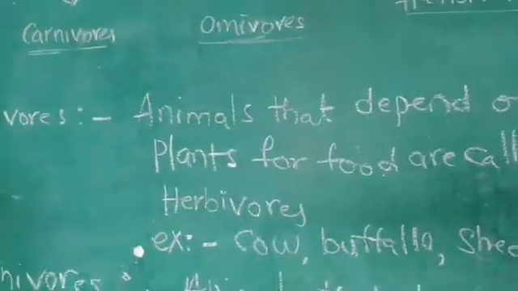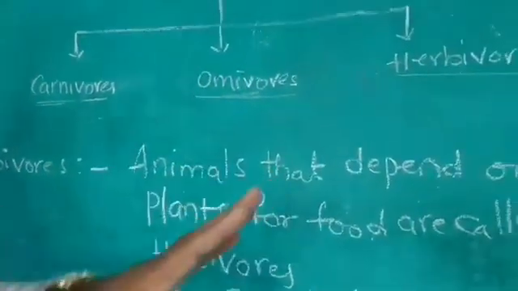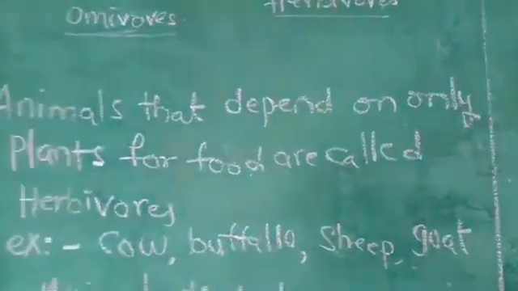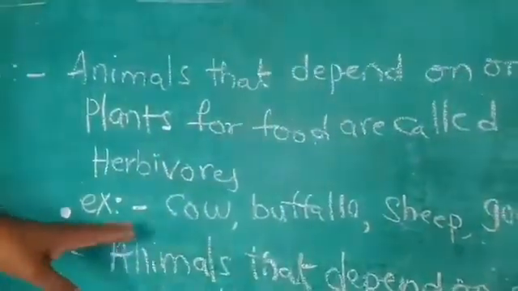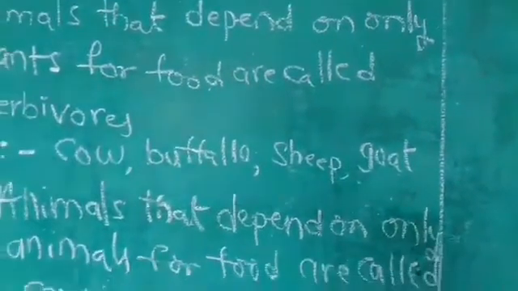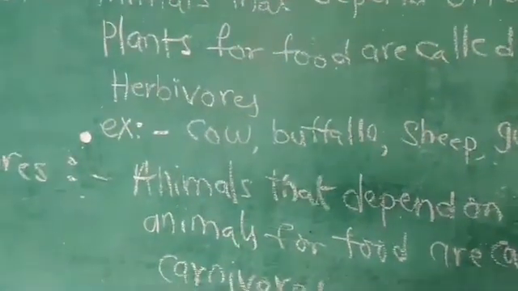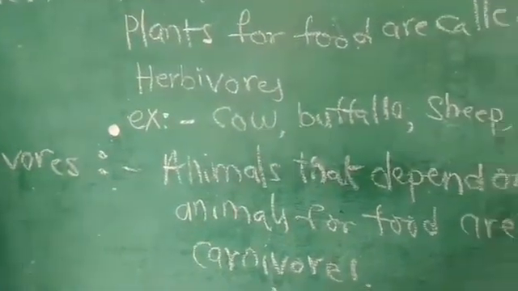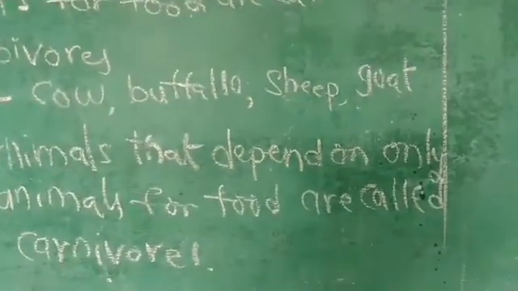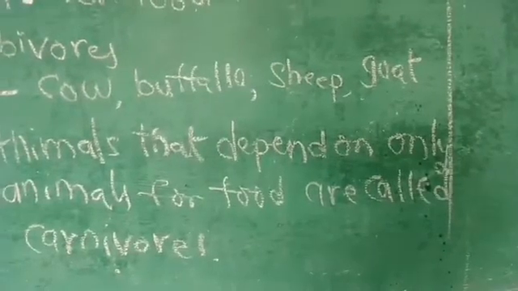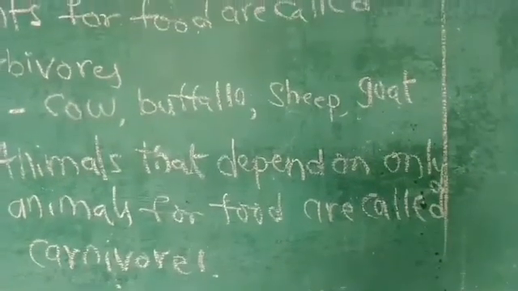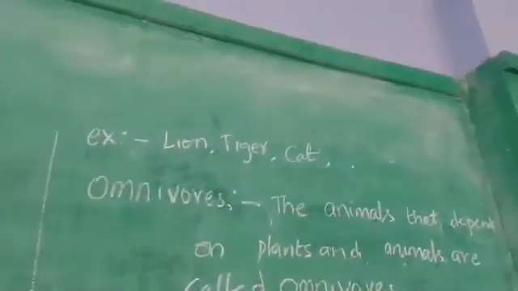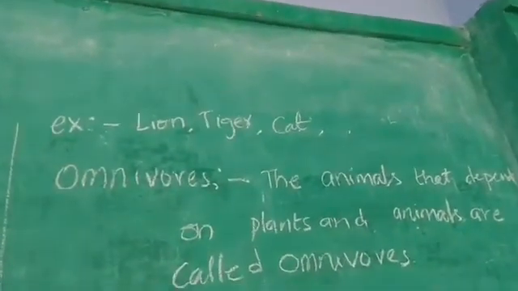Herbivorous animals depend only on plants for food. Examples are cow, buffalo, sheep and goat. Carnivorous animals depend only on animals for food. Examples are lion, tiger and cat.